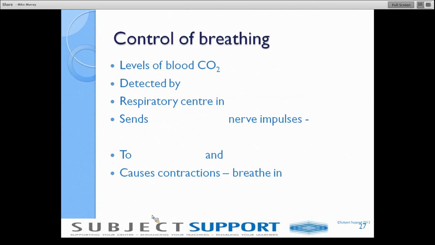Okay, control of breathing. The first 3 bullet points are the ones that everyone should know. Just snap, snap, snap. Levels of carbon dioxide in the blood increase. This is detected by the chemoreceptors. These should just roll off your pen, roll off your tongue. And we have a respiratory center in the medulla. Some students are getting really good at rolling these things off their tongue and onto the paper.